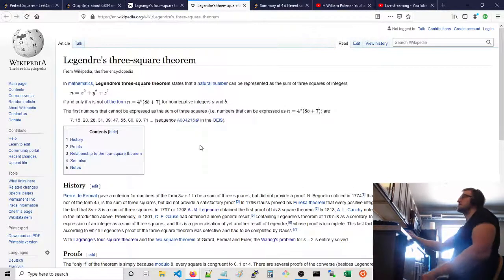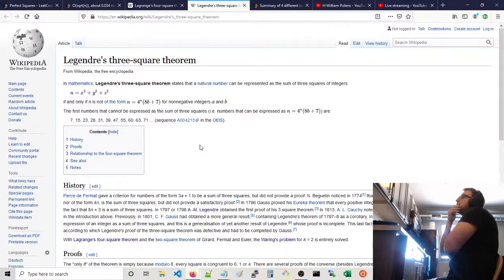So actually, not only is the 4-square theorem true, but the 3-square theorem is true, and you need only consider one more additional perfect square for these numbers to get the 4-square theorem.